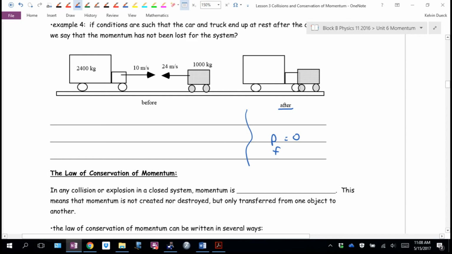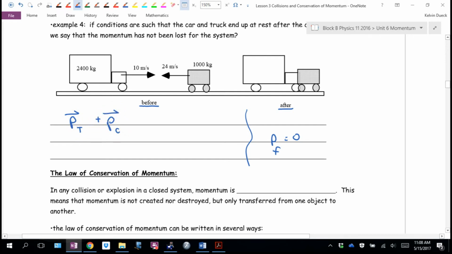Okay. Before the collision, let's underline the word before, we have two objects moving. Yes? The truck and the car. How do I calculate momentum? Okay. So I'm going to write this. Before the collision, we have momentum of the truck plus momentum of the car.